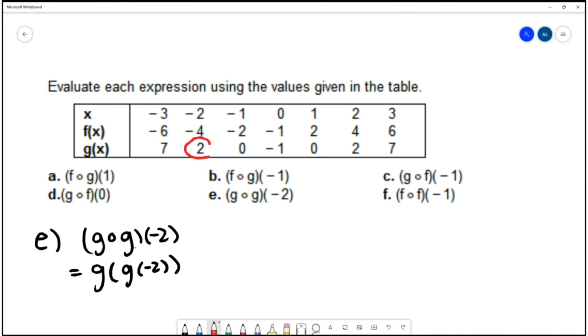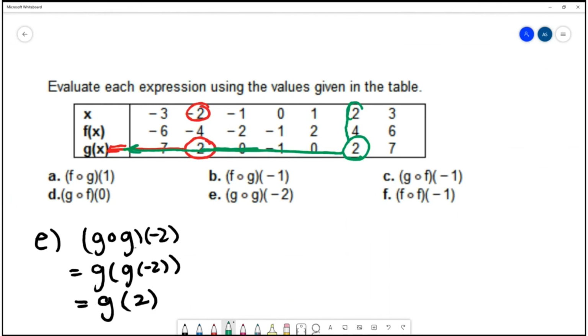So g of -2 is right here, an x value of -2, and this last row are my y's for the function g. So g of -2 is 2. G of 2 is right here, an x of 2, and my y's for g. So g of 2 is 2.